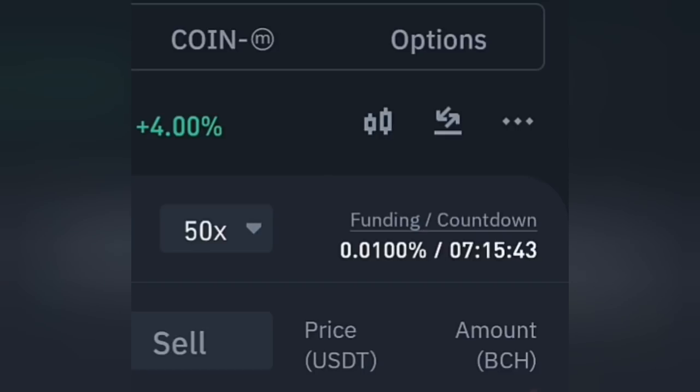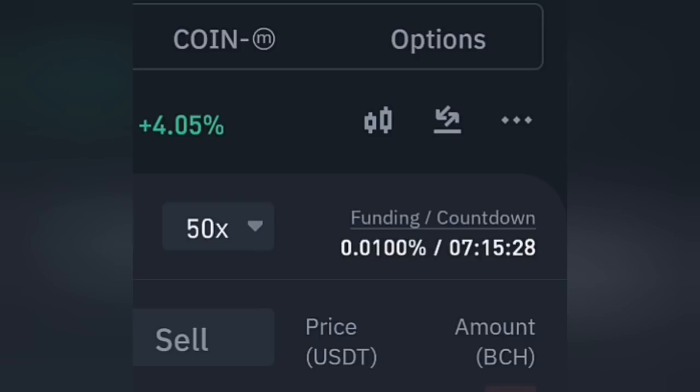Also, when the funding rate is negative and you are in a long position, you will be benefiting from fees. That means Binance will be paying you a small amount of money. But when it is negative and you are in a short position, you would be giving out fees. Understand? You'll be giving out fees.